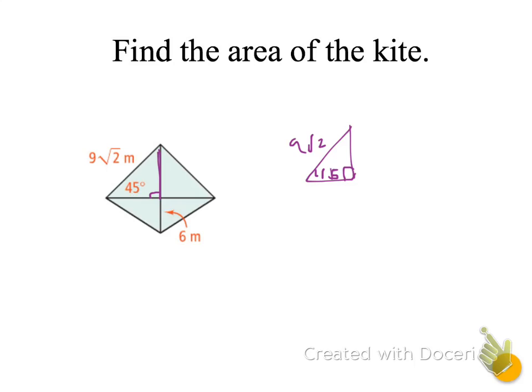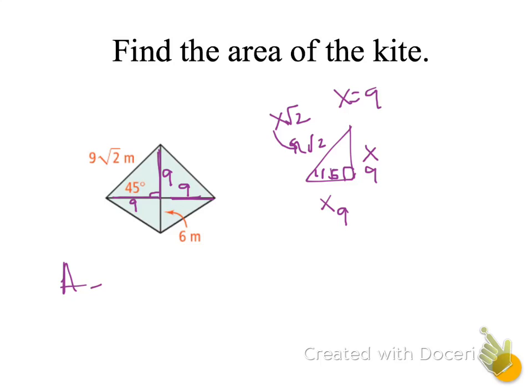Sorry, it's hard to write in that. So that's a 45-degree angle. So in our 45-degree triangles, this represents x, this represents x, this represents x square root of 2. So x right now is being replaced by 9, so x equals 9. So that means this side is 9 and this side is 9. So I know that this is 9 and this is 9. Well, these should be congruent, so this is also 9.